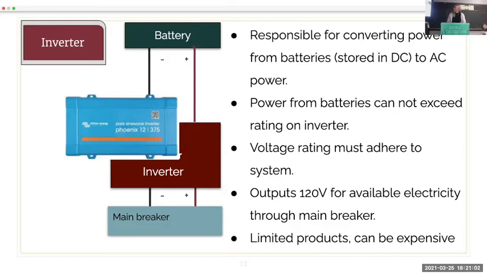And then it outputs basically only 120 volts or 240 volts AC. If you're doing an off-grid system, you're basically never going to be creating a 240 volt system, but that is an option. And then it outputs that 120 volts into your main breaker and into your house.